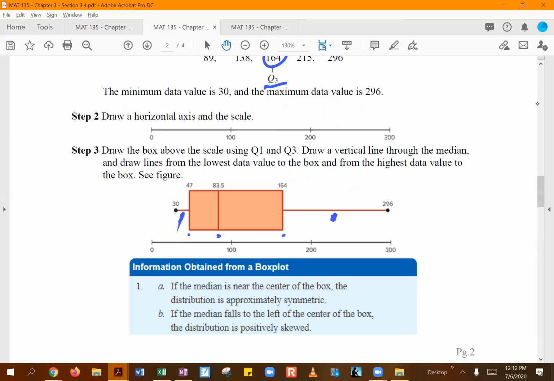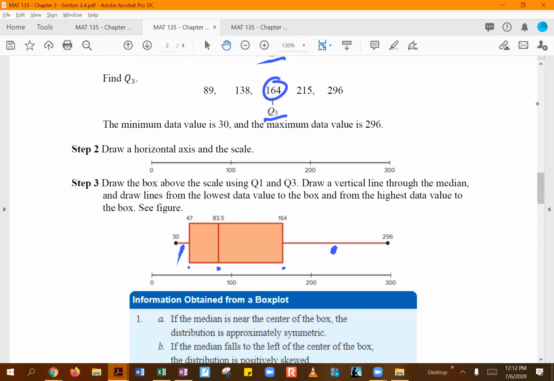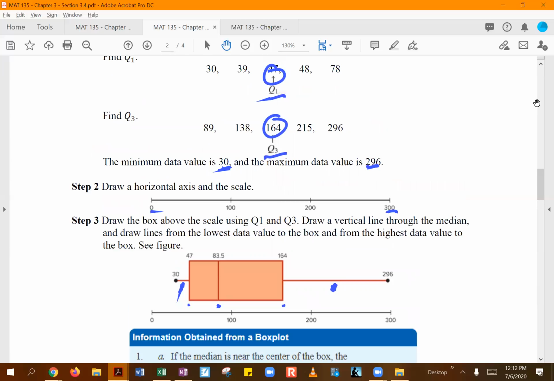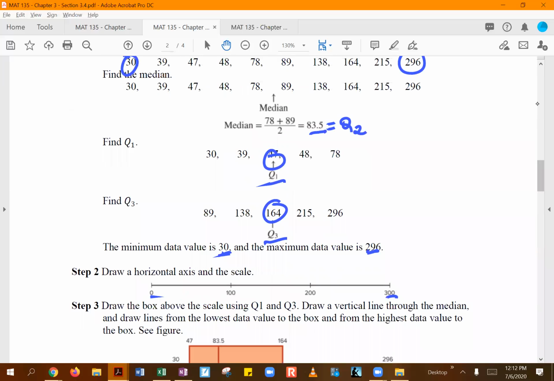We're drawing our horizontal axis over here, and since our lowest value is 30 and highest is 296, you can see they're going from 0 to 300 in increments of 100. And they're not really summarizing their 5-number summary, which they should, but your lowest data value is 30.